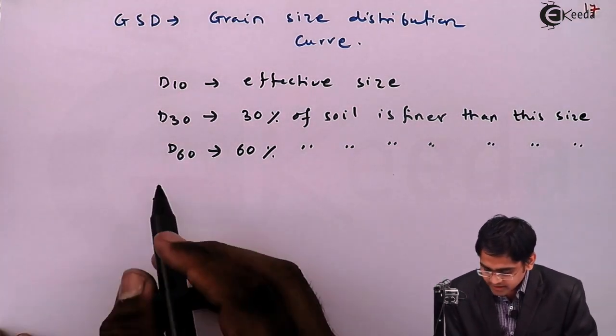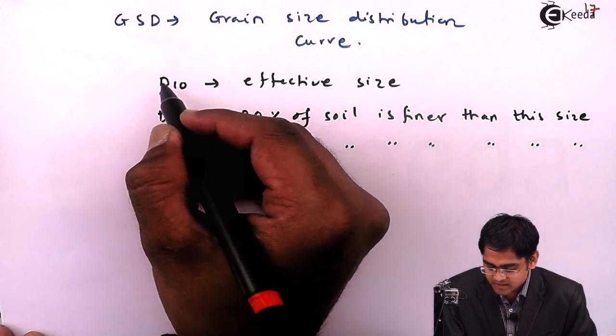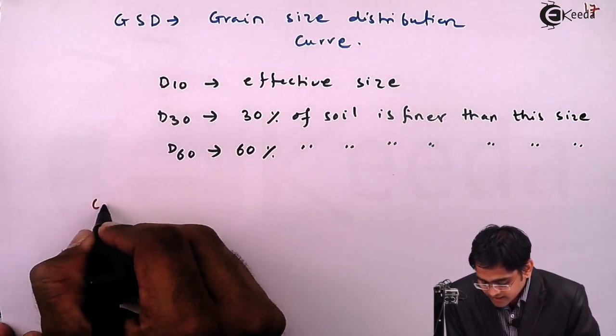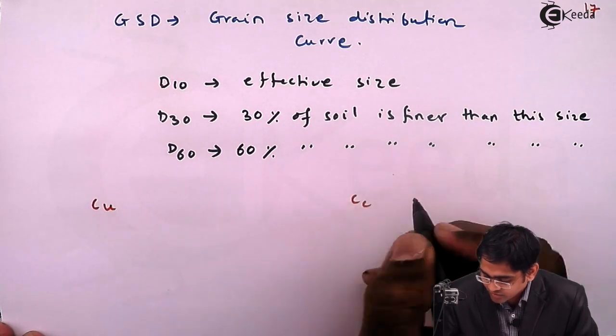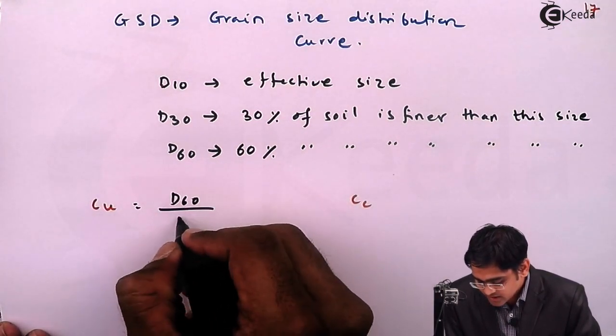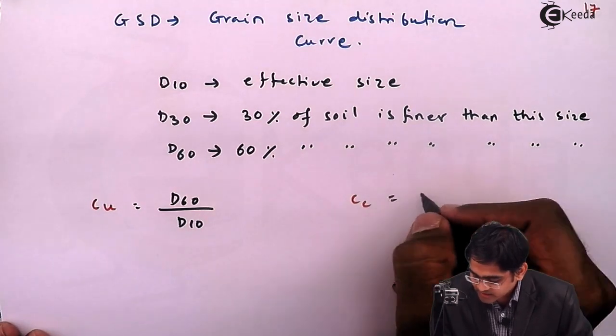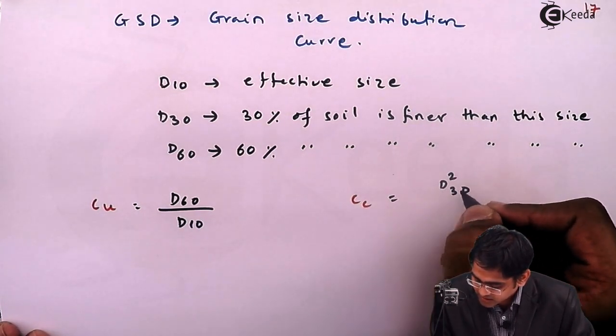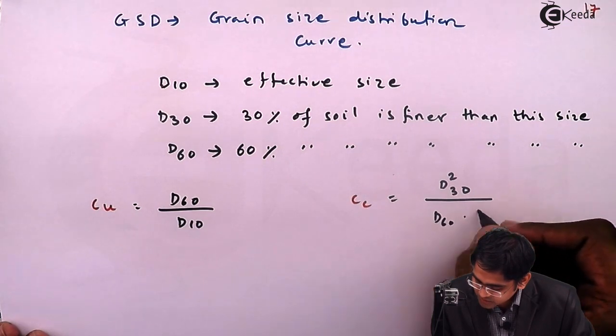After evaluating these three parameters, D10, D30 and D60, you will calculate the coefficient of uniformity, Cu, which is D60 by D10, and the coefficient of curvature, Cc, which is D30 squared divided by D60 into D10.